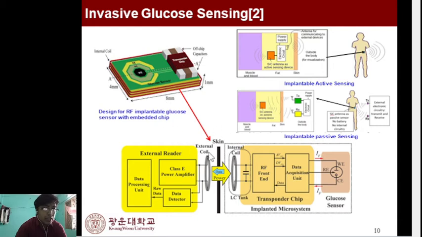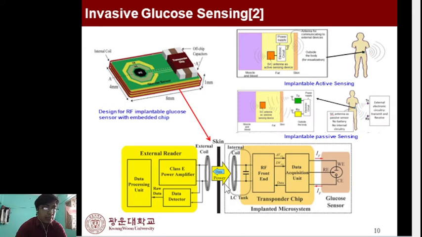Now the working is this. This is the working electrode, and this is the reference electrode. When the glucose concentration changes, the electron flow changes and it produces a current. The transponder chip processes this current, and with the help of the tank circuit, it produces an RF frequency.